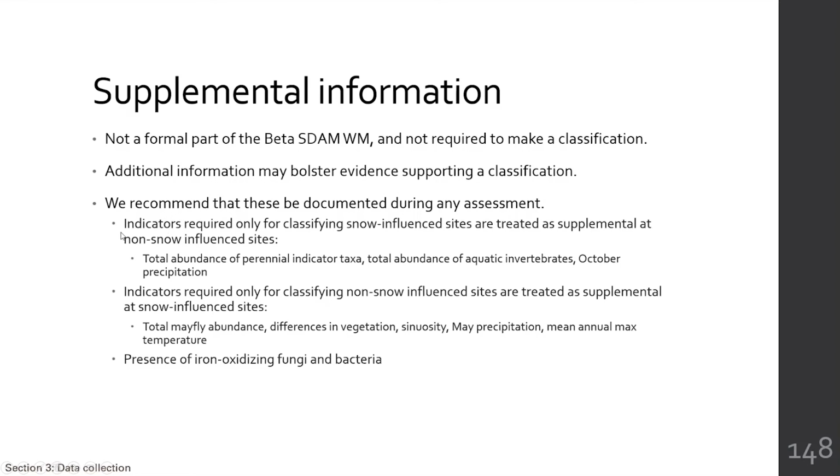I mentioned this before, but there are indicators that are only used for classifying one of the two strata, and you can use them as supplemental information in the other stratum. And then in addition, we look at things like amphibians and presence of iron oxidizing fungi and bacteria. These are the recommended supplemental information for this method. This is consistent with what's recommended for the arid West.